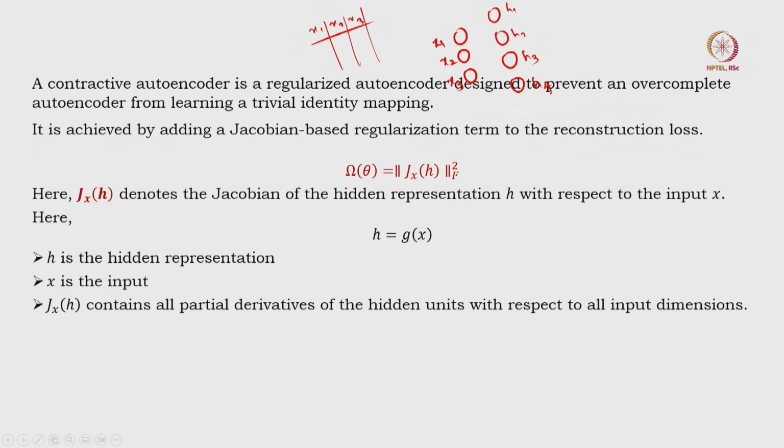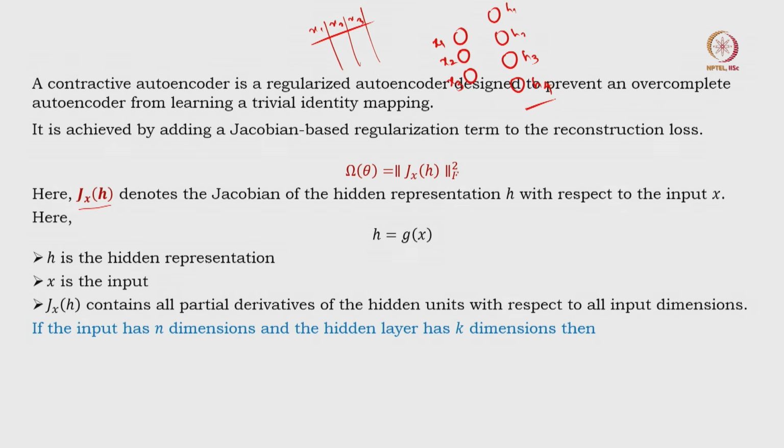So it is the partial derivatives of all these hidden units with respect to all of these input dimensions. We denote it like this. It is a matrix.